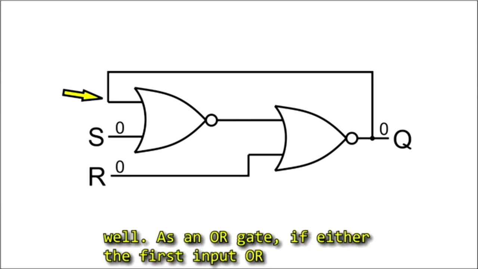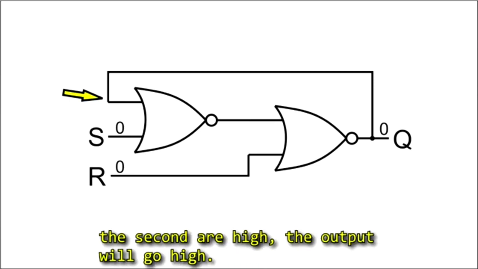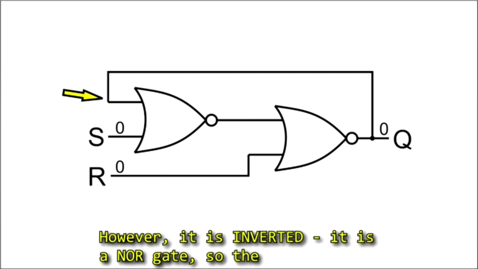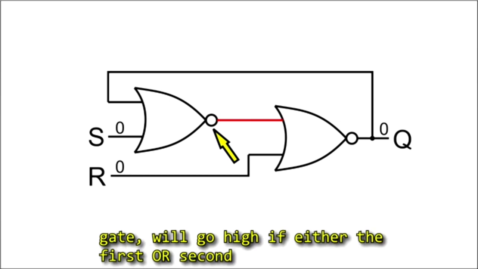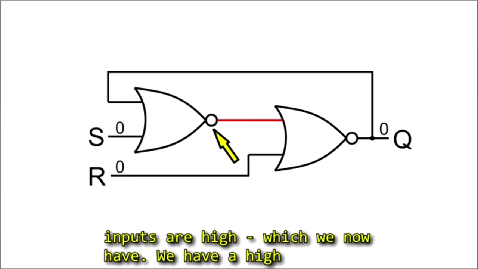As an OR gate, if either the first input or the second are high, the output will go high. Neither are high, so the output will go low. However, it is inverted. It is a NOR gate, so the output will go high. Our second gate, as an OR gate, will go high if either the first or second inputs are high, which we now have.